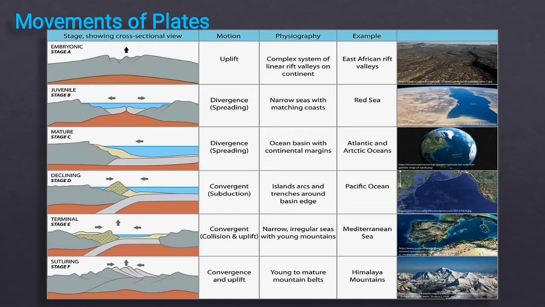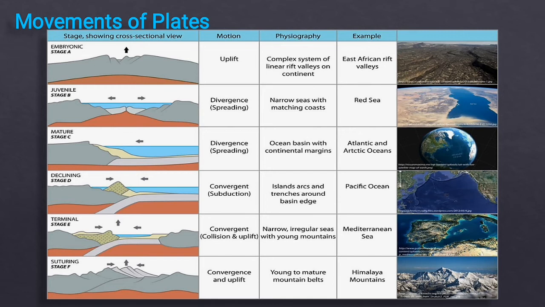So we have stage A, embryonic. This is the first stage of ocean basin evolution. In this stage, the rift valley is formed while the continent begins to split. The motion is uplift, and the physiography is a complex system of linear rift valleys on continent, and its example is East African rift valleys.